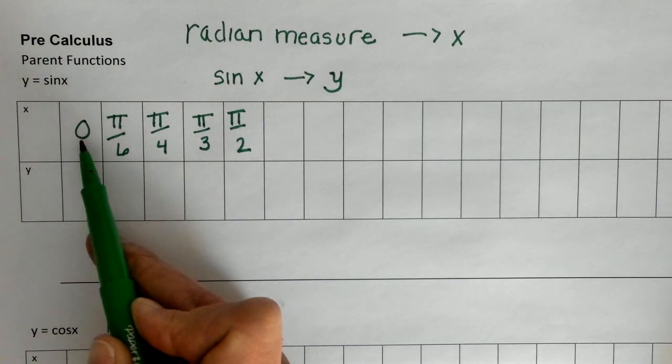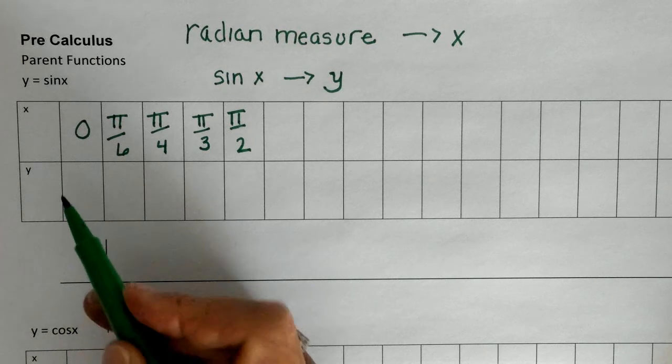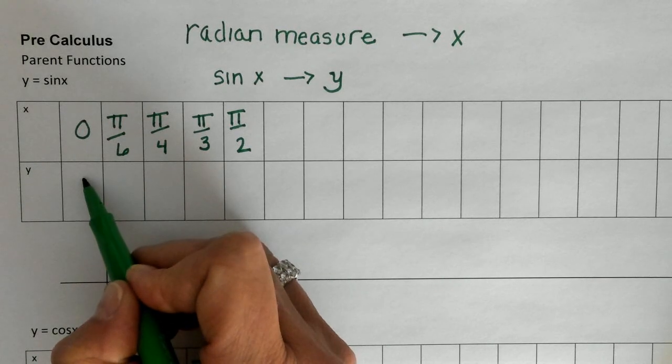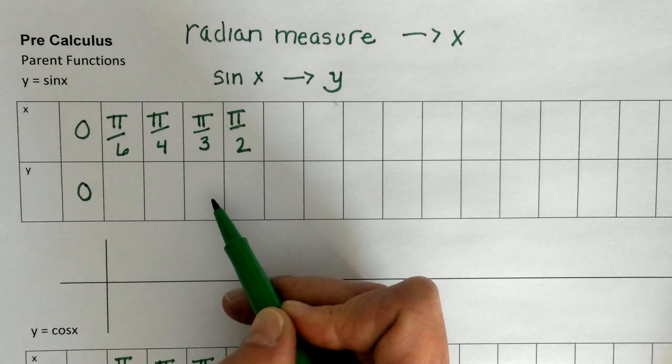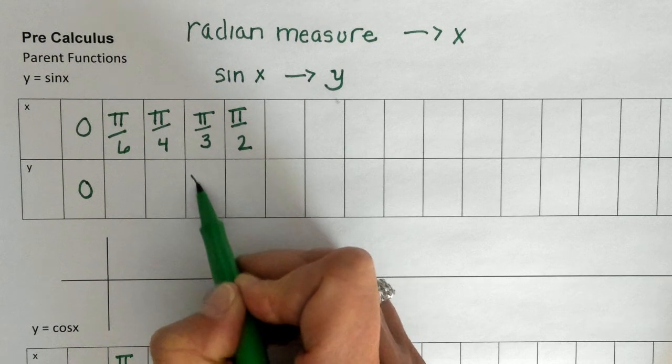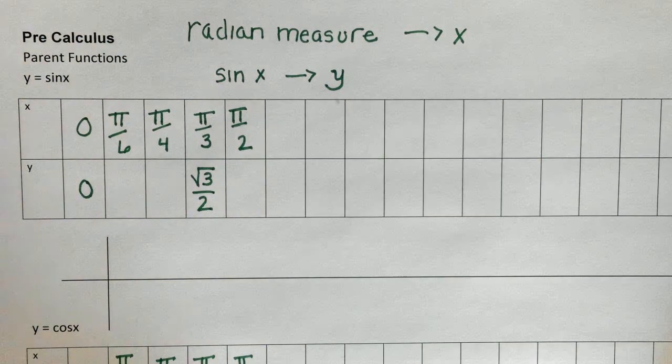So the sine of 0 is 0. So I would put 0 here. We found the sine of pi over 3 to be root 3 over 2. So that would go here. And you would continue this throughout.